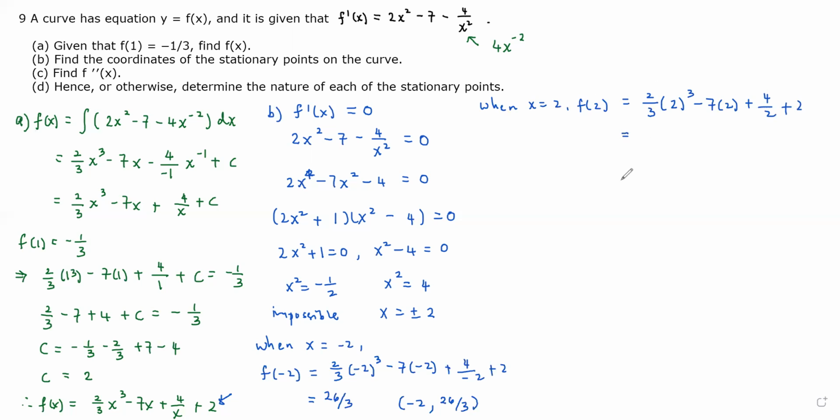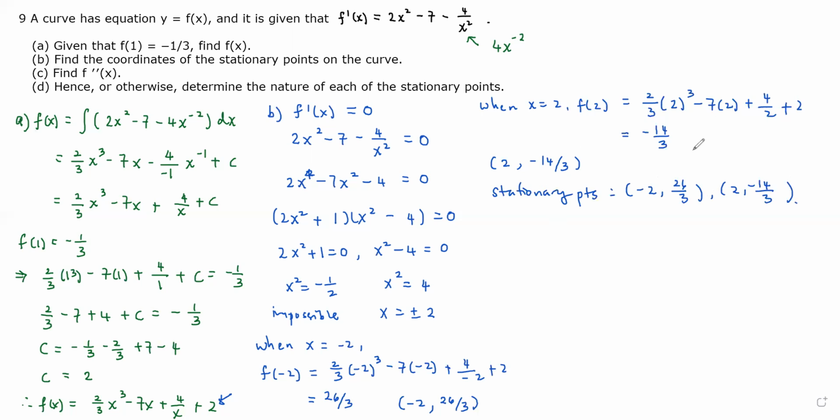And this is negative 14 over 3. Then the second stationary point has coordinates 2 and negative 14 over 3. We have these 2 points here, negative 2, 26 over 3 and also 2, negative 14 over 3.